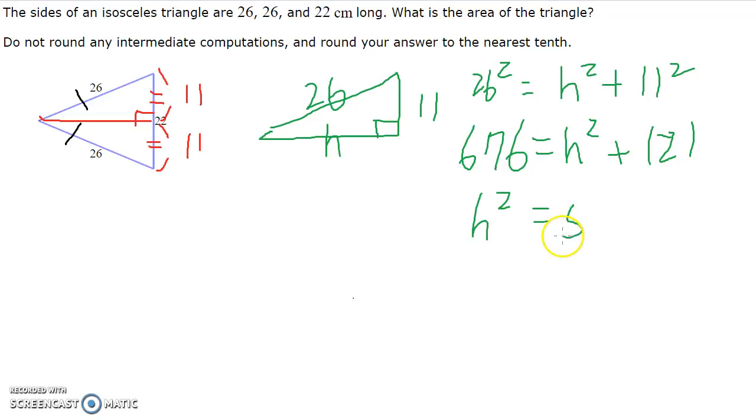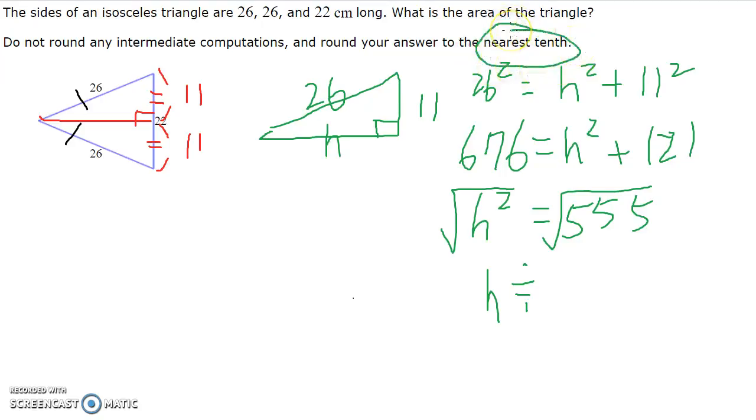That's going to give us 555. That's cute. So my h is equal to, if I square root the left and square root the right, the square root of 555, which is approximately, they want us to round it to the nearest tenth. But that's my final answer, right? Round your answer to the nearest tenth.